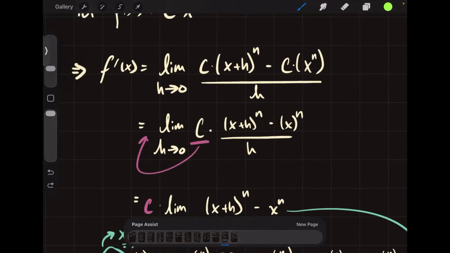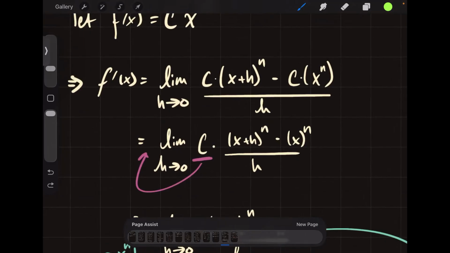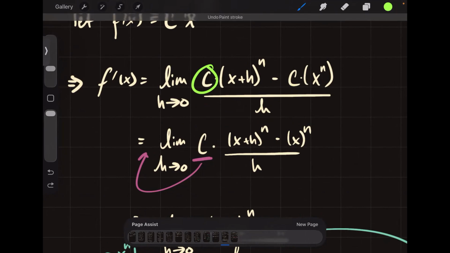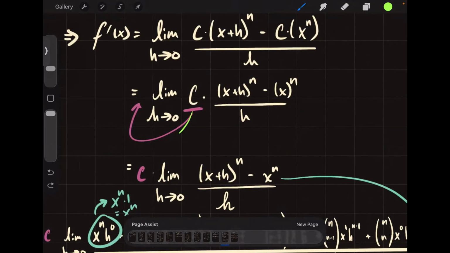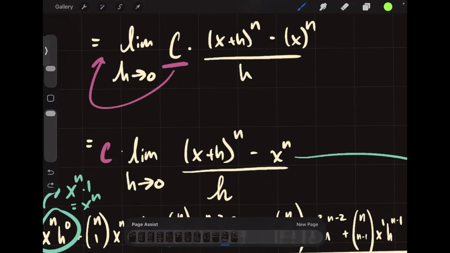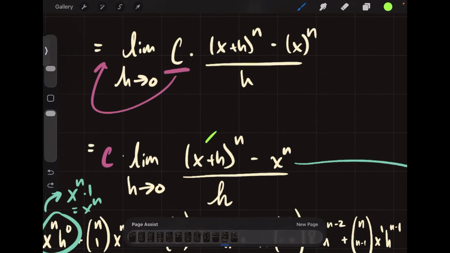Nothing crazy. You remember for coefficients, you can pop them outside. So we factor this and this to bring it here, and then we factor that c out to make it look like this.